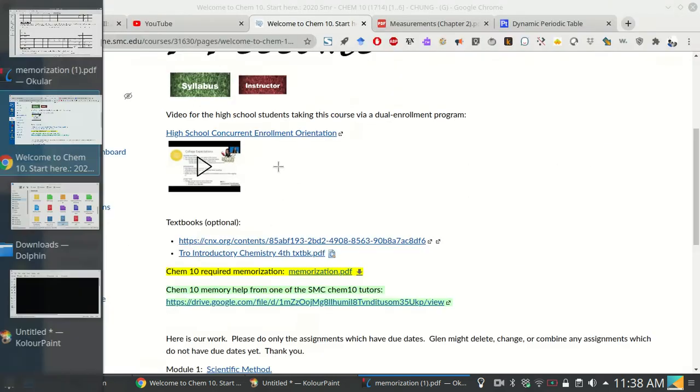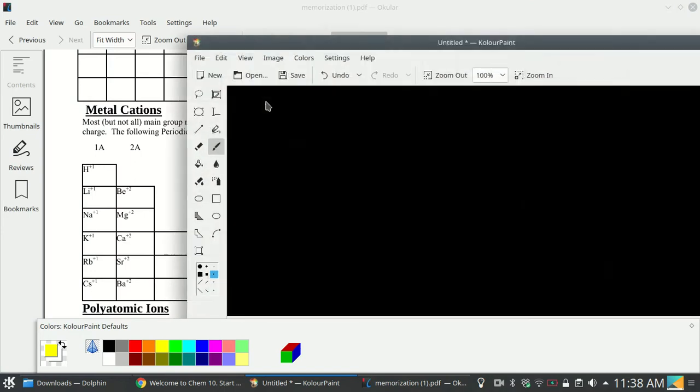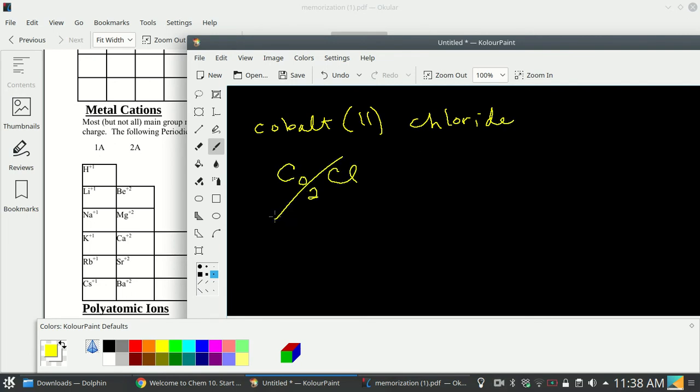For example, suppose she wanted to write the name of, let's say, cobalt(II) chloride. This does not mean that it is cobalt 2 chloride. No. What this means is it is a 2 plus charge that we intend for cobalt. And then the chloride, of course, is 1 minus. So the formula is CoCl2. That's what this 2 means.